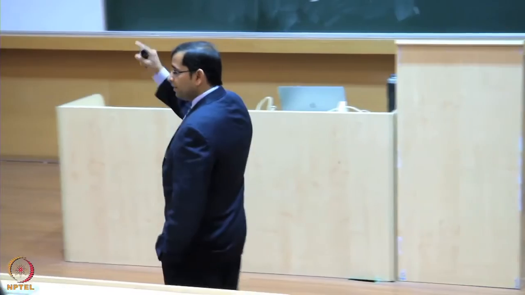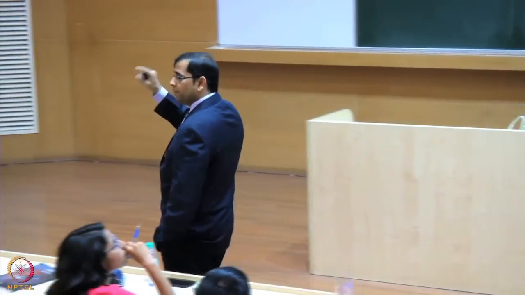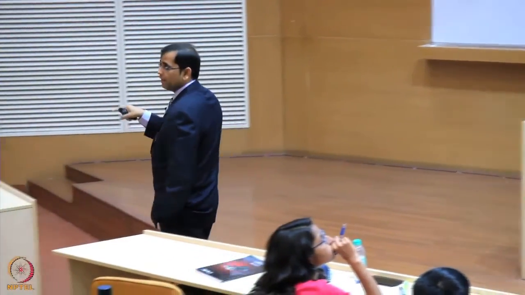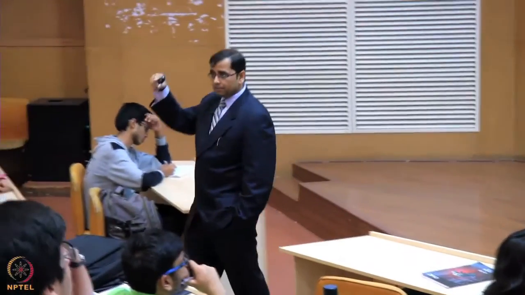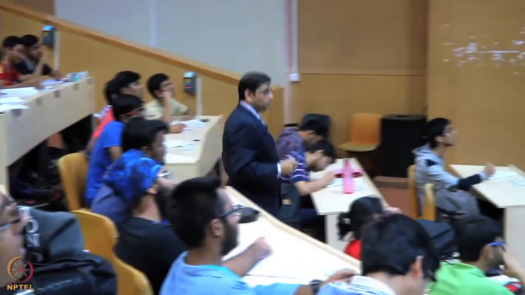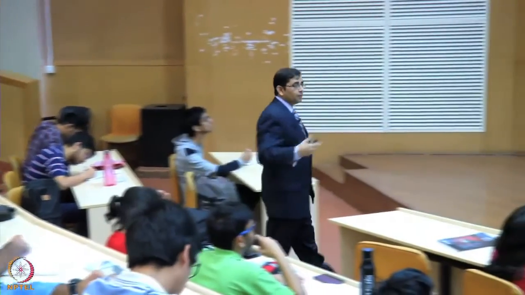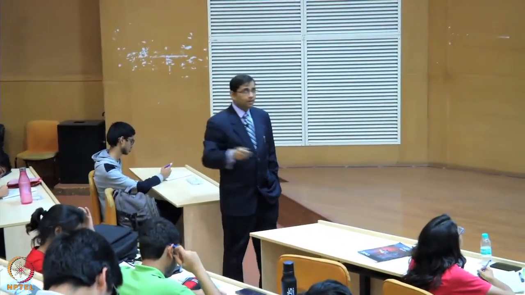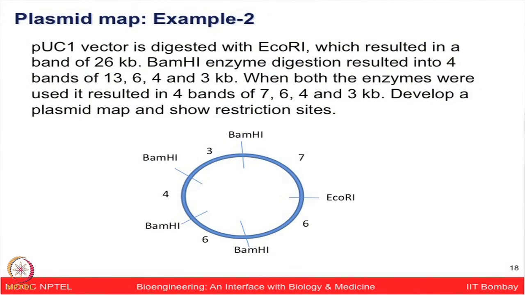Just first draw a circle, and from one enzyme, see what the possible fragments are. Now, if you add another enzyme, where will those fragments fit in? I am sure this is something you can easily do. You have to just try out multiple possibilities of where these fragments can give you the right size fragments from both the enzymes, right.